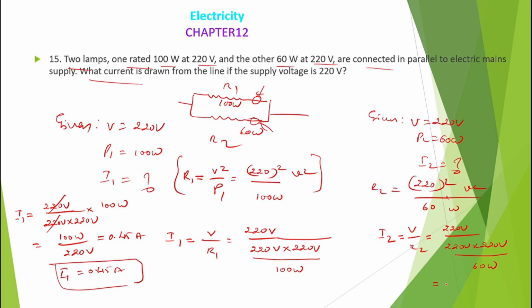If you simplify this, you will get 220 volt divided by 220 volt into 220 volt into 60 watt.